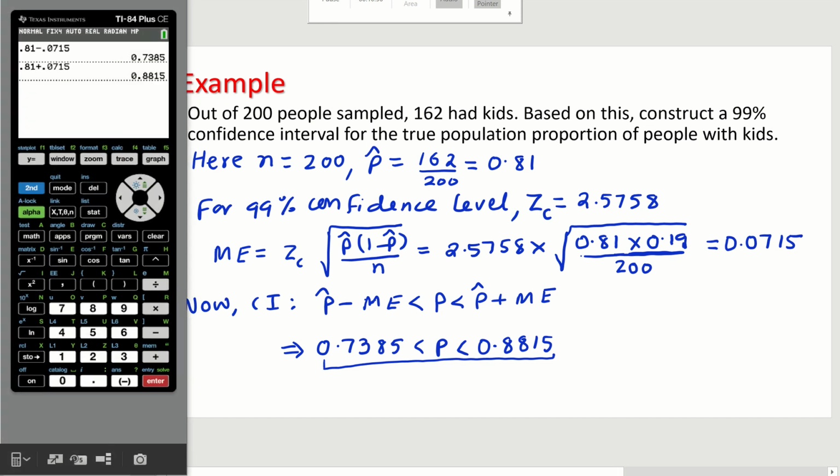I just want to check one thing, the margin of error that we have calculated here. Let's see whether I typed everything correctly and got that value right. I'm typing 2.58 multiplied by the square root of 0.81 multiplied by 0.19, divided by 200, everything inside the square root.